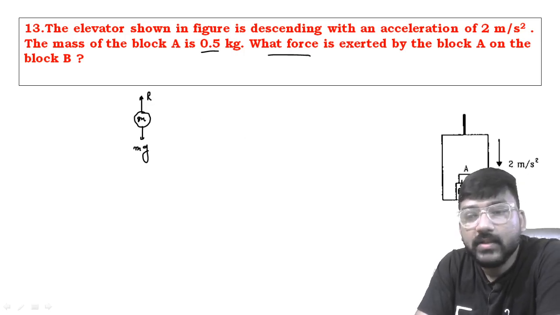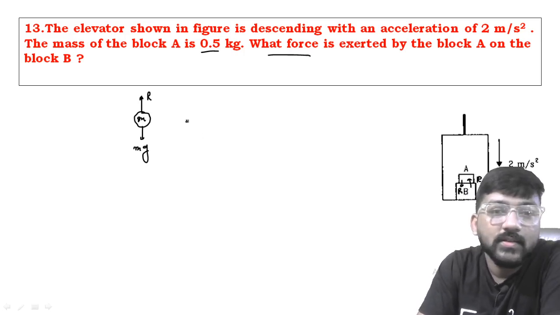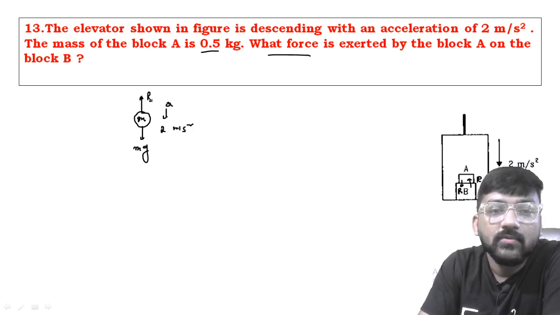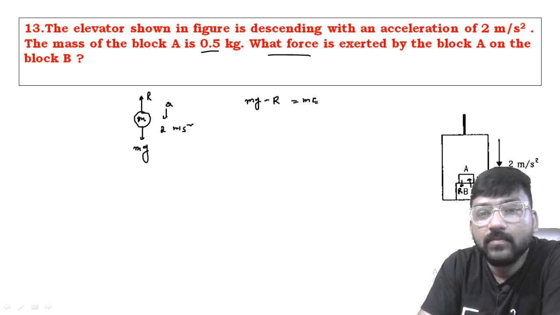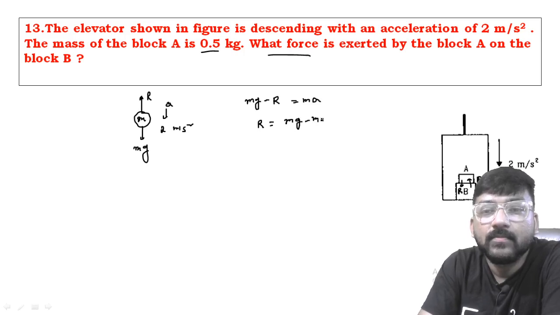R is the force given by B to A and A to B, and here the acceleration is in the downward direction, 2 meters per second square. Now if you write the equation of motion, mg minus R is equal to ma. So R will be mg minus ma, that is m into g minus a.